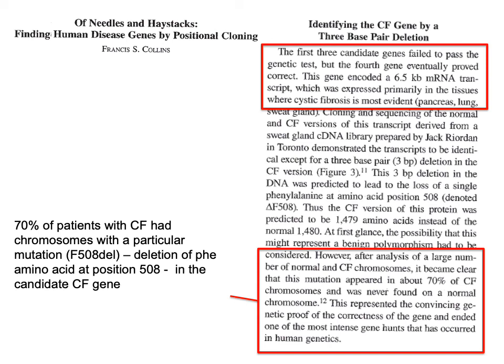Obviously this is not all of the patients, it's just 70% of them, but it's quite remarkable, right? That if 70% of the patients have a particular deletion, it seems that this gene is very important and is the causal gene. And in particular, that phenylalanine amino acid must be playing a particular role in how that protein functions. And we'll talk about that next time.